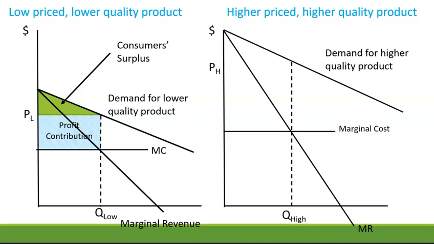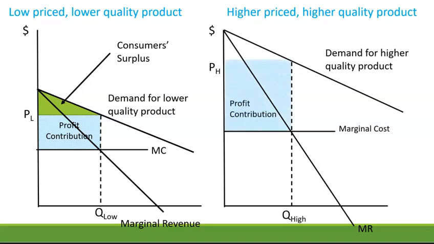What we're doing here is, instead of offering just a single version of the product, we're trying to offer different versions so that in total we can have a greater profit contribution than if we had simply produced one single version, maybe something intermediate between these two types.